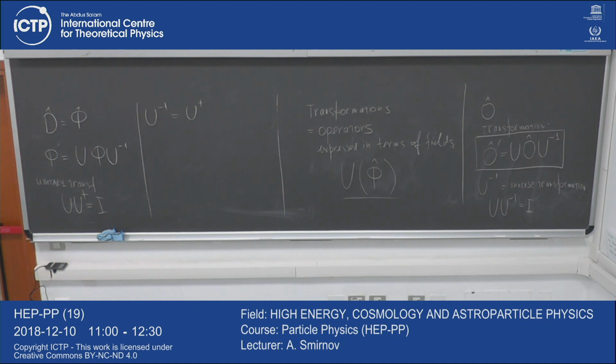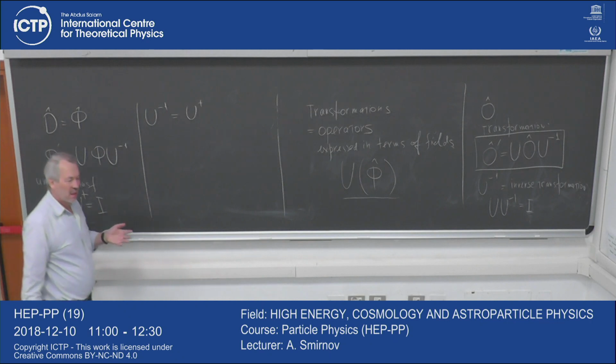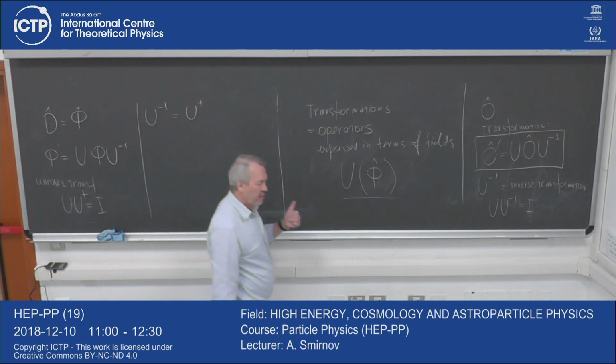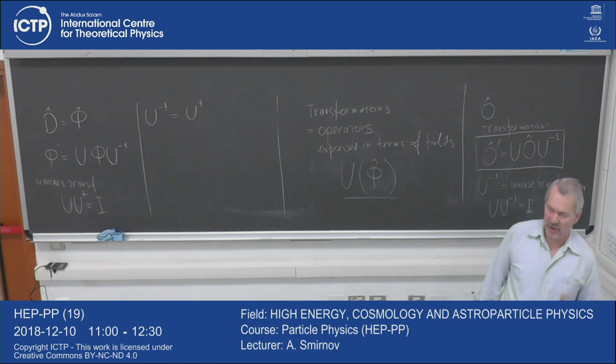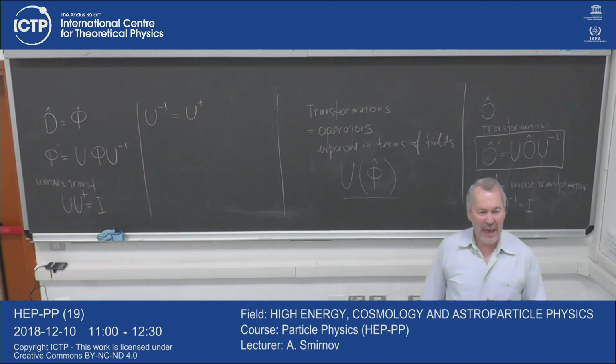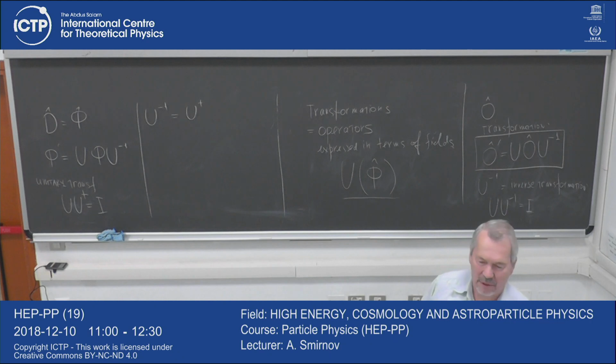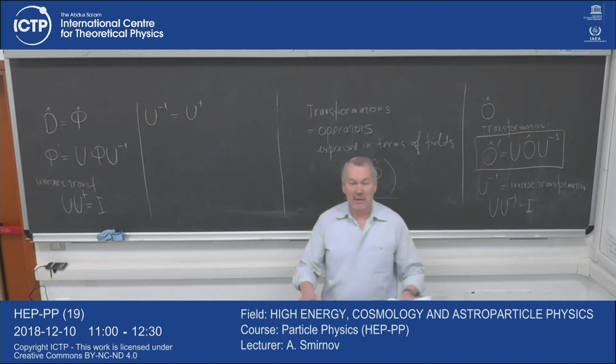Now I have introduced the vacuum state; how does the vacuum state transform? This is an interesting question, because remember that the vacuum state is determined as the state with the lowest energy. So it's not necessarily empty, and we can talk also about transformations of vacuum. Vacuum can contain fields.